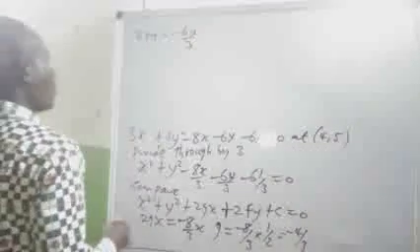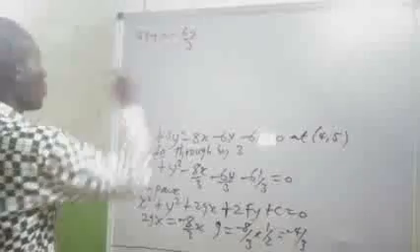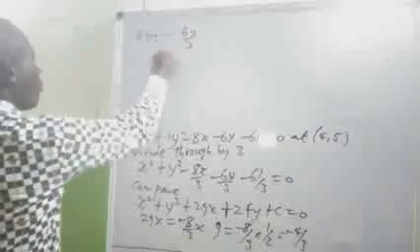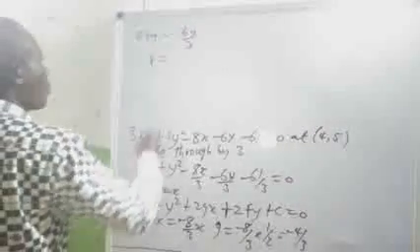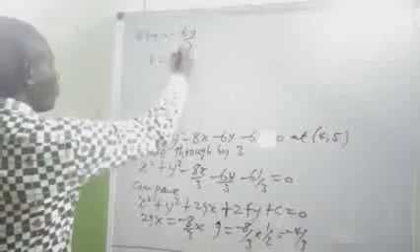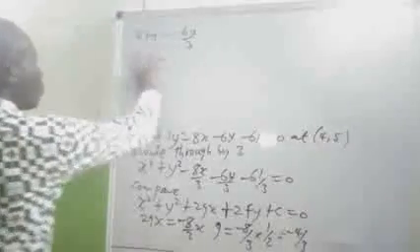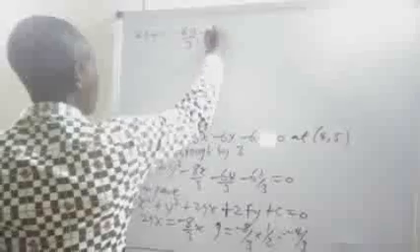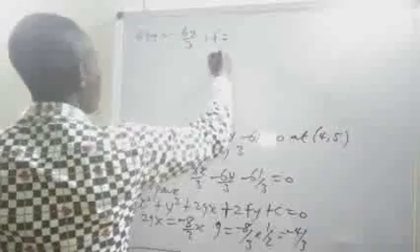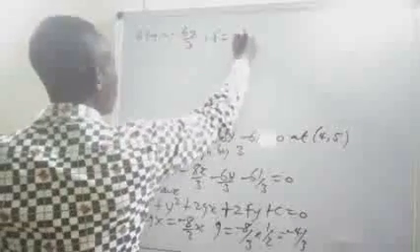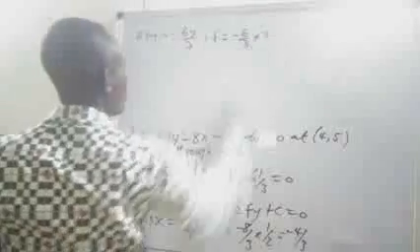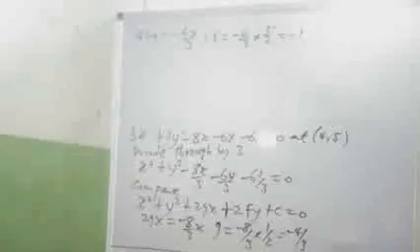So if you solve that, your f will be equal to minus 6 over 3 times 1 over 2. That will be equal to minus 1. So our f is equal to minus 1.